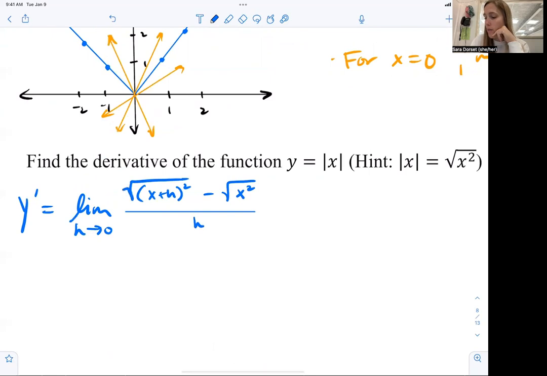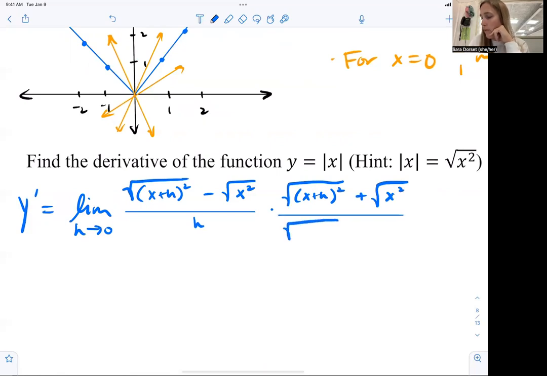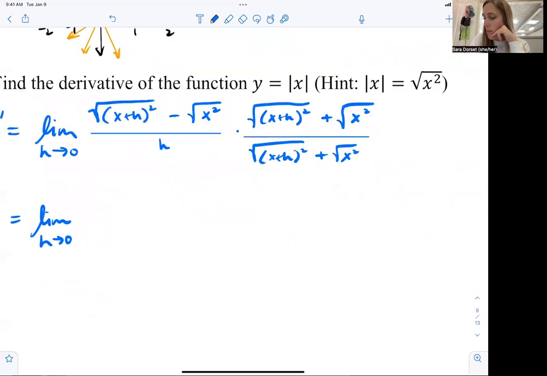This is a retcon. So I'll multiply by the version of 1, which is the conjugate of the numerator over itself. Okay, so that'll end up being (x plus h) squared minus x squared. Oh my goodness, and then it turns into a sledgehammer.